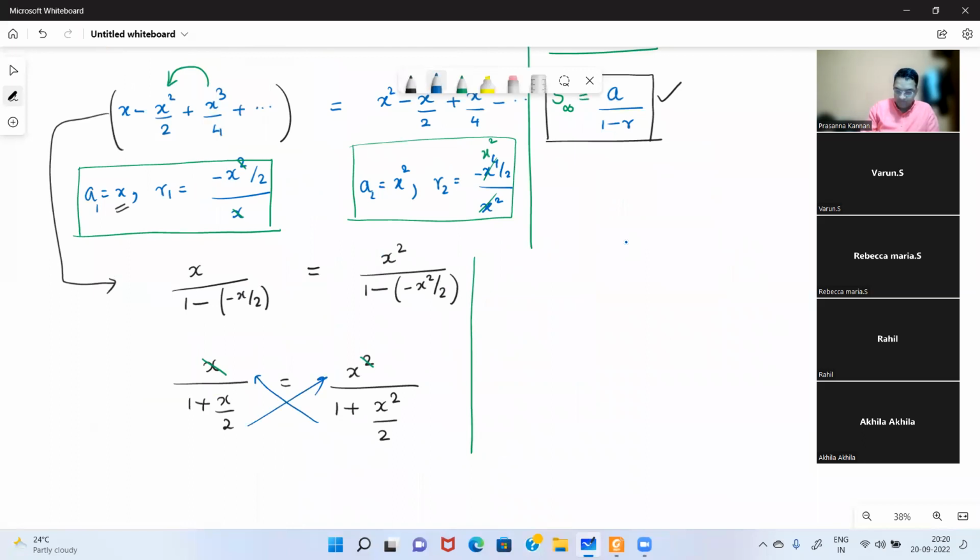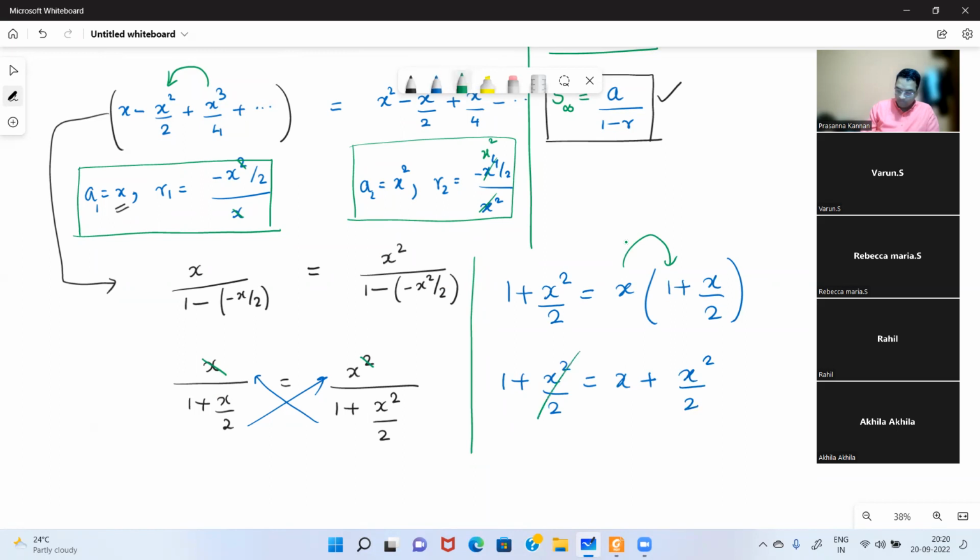So I will get 1 plus x square by 2 is equal to x into 1 plus x by 2. So what will this become? We multiply inside: x plus x square by 2. X square by 2, x square by 2 cancel.